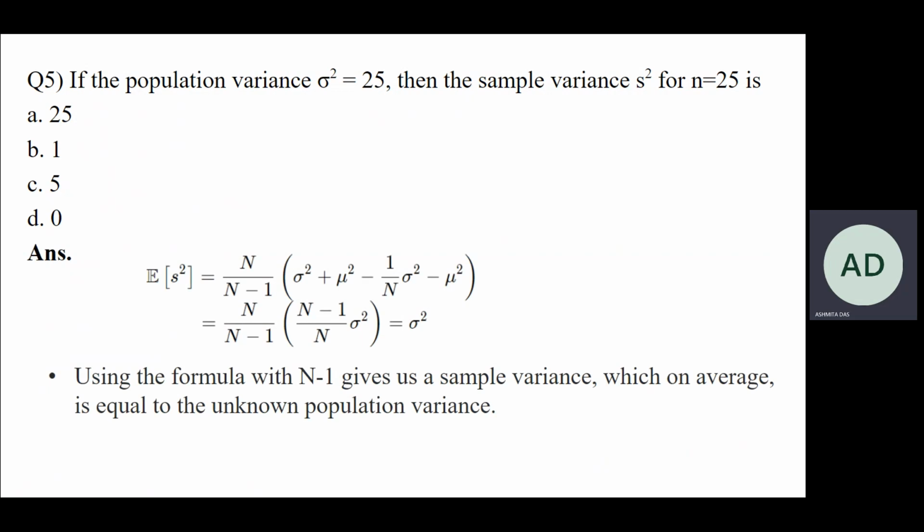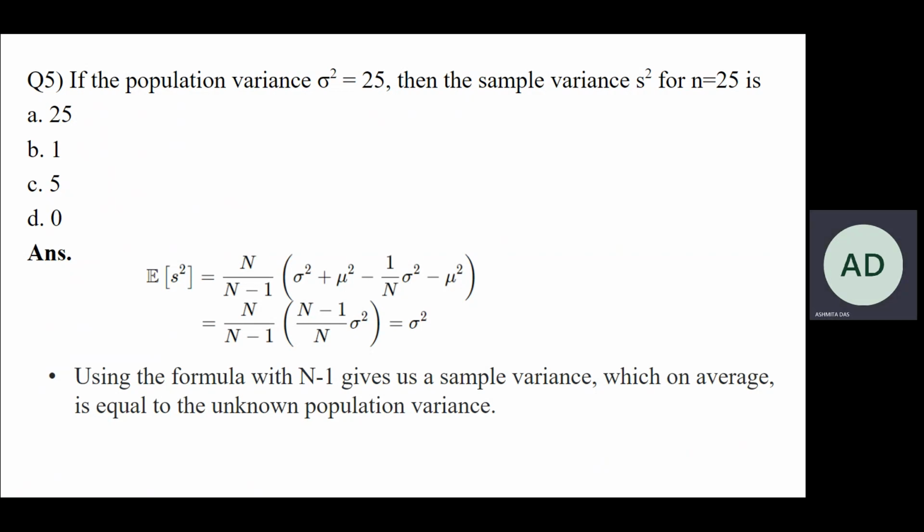That is, if we find out the expectation value for the S square or the population, then it comes as n divided by n minus 1 sigma square plus sigma square plus mu square minus 1 by n sigma square minus mu square.